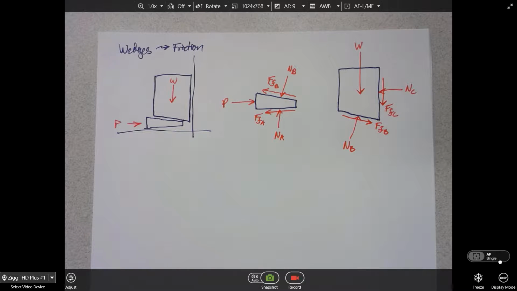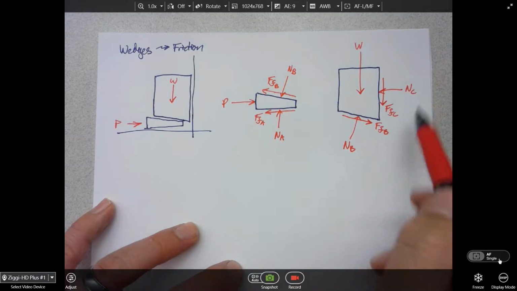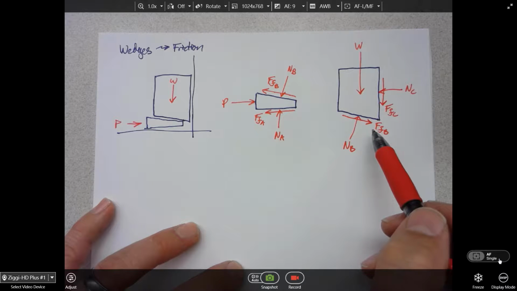It's likely that we're going to get a problem that says something like, how much force do you need to apply at P in order to start moving the block up? What type of problem is that? It's type 2, because we're going to overcome static friction in each of these.